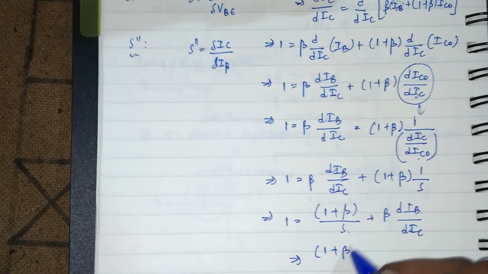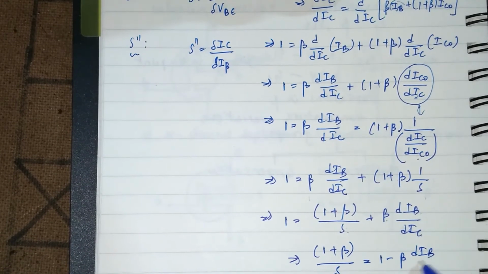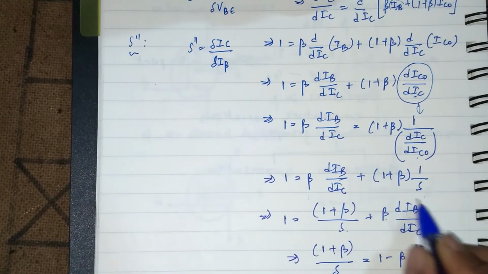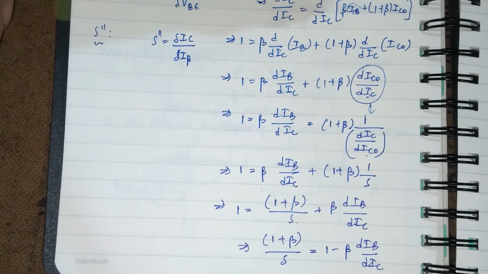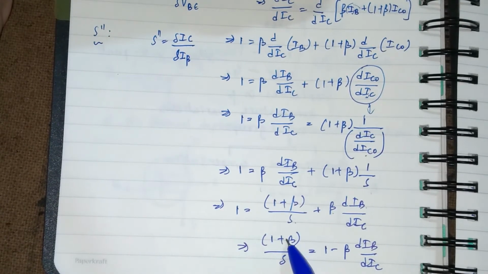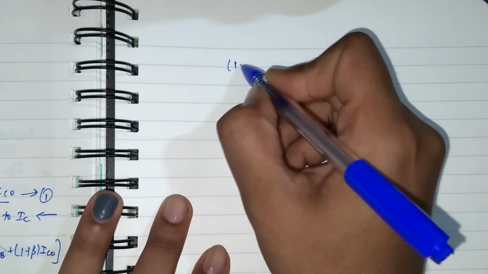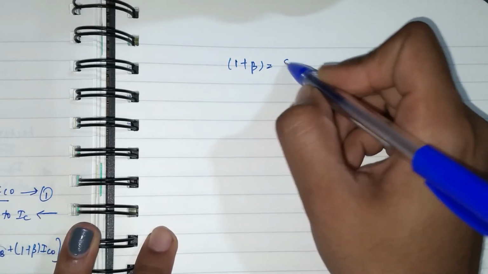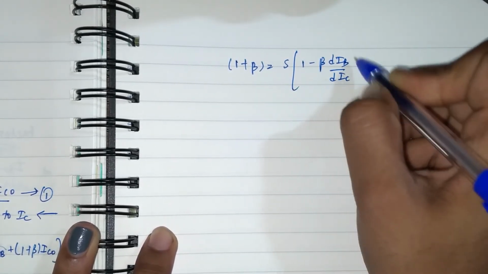(1 plus beta) by S is equal to 1 minus beta into dIB by dIC. This term goes to the other side, so plus becomes minus beta into dIB by dIC. From this step we can write 1 plus beta is equal to S into 1 minus beta into dIB by dIC.